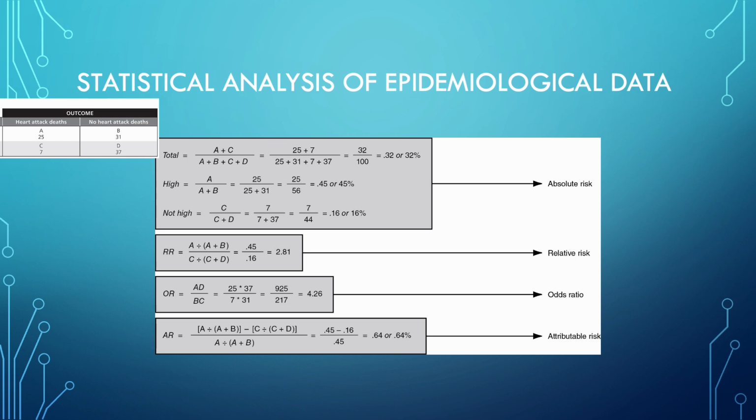Those in the not high category had only a 16% chance of dying from a heart attack. Then when we're looking at our relative risk, it was 2.81. Our odds ratio is 4.26. And our attributable risk is 0.64%.